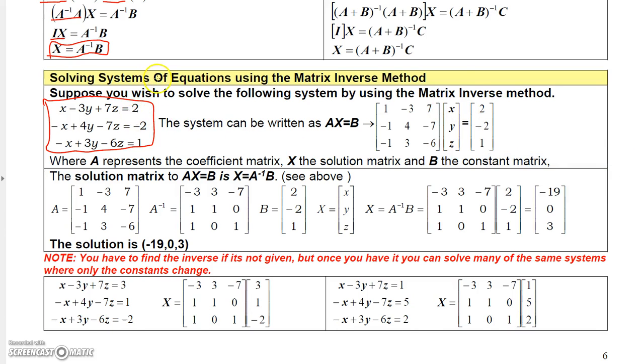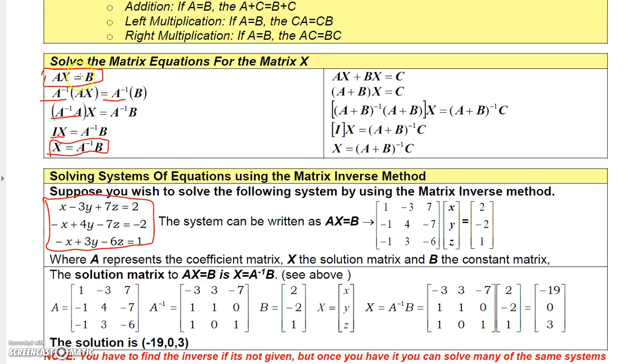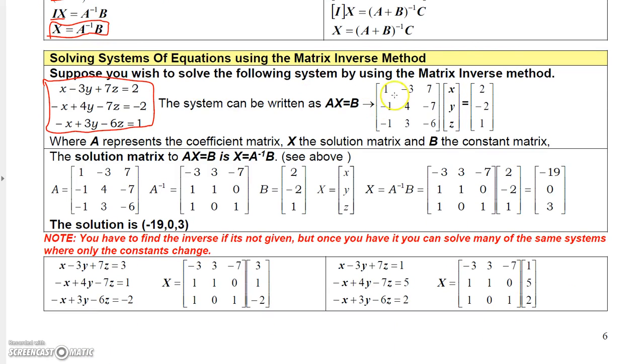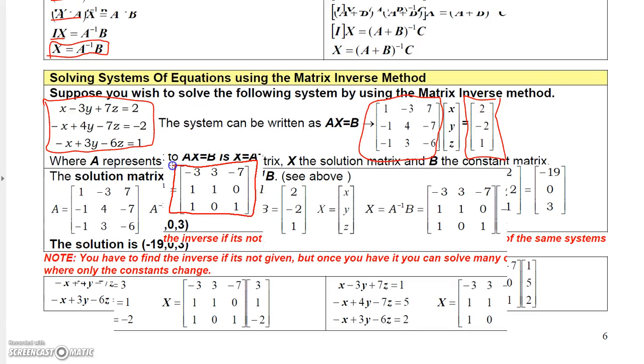Well, I just found up here that if you want to solve the equation AX equals B, all you have to do to solve for X is find the inverse of A and multiply it by B. So if I can find the inverse of this matrix and then multiply that by this matrix B, then I can get the answer. We found the inverse of this matrix in an earlier section, and here's the inverse of A.